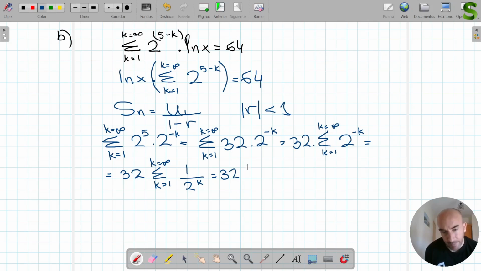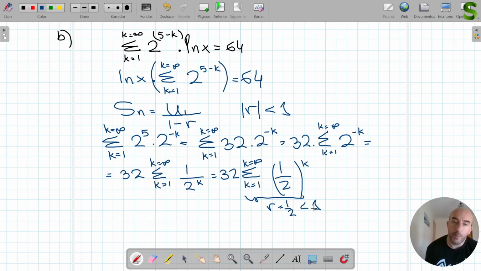and again, this can be written, you can see it more clearly as... okay. And this is a geometric sequence with common ratio 1 over 2, which is smaller than 1.